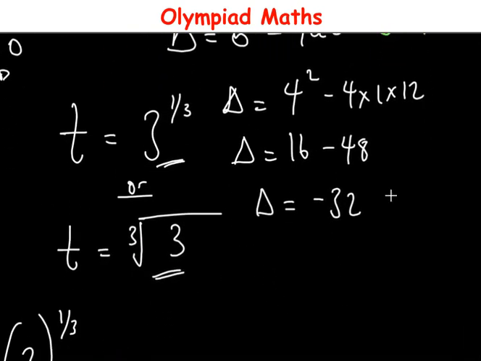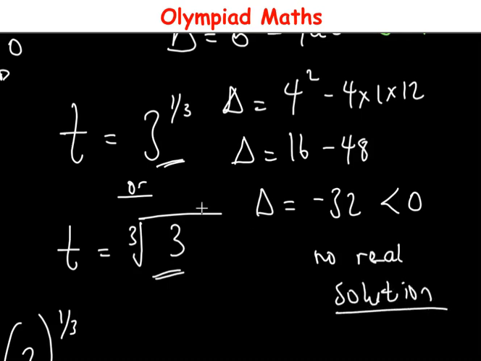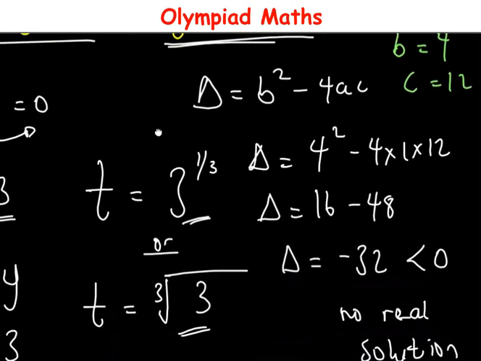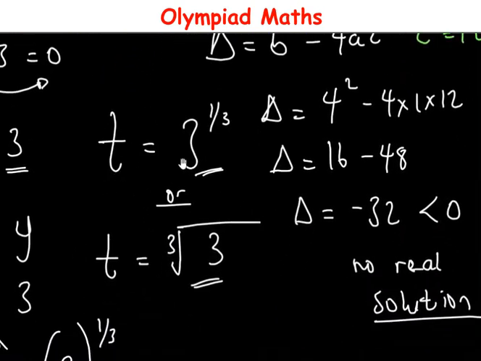Now, since the value is less than 0, there will be no real solution in this quadratic equation. So that means that the only real solution that we have is t equals 3 raised to power 1 over 3, or t equals the cube root of 3.